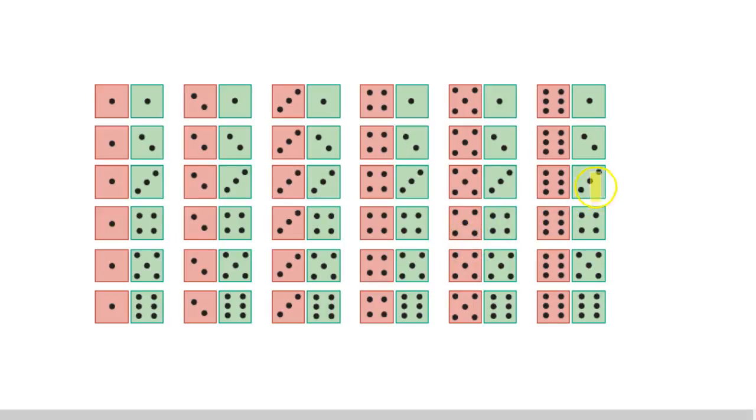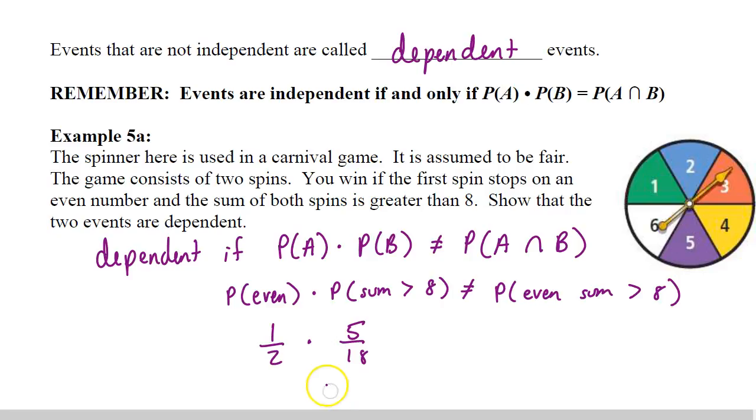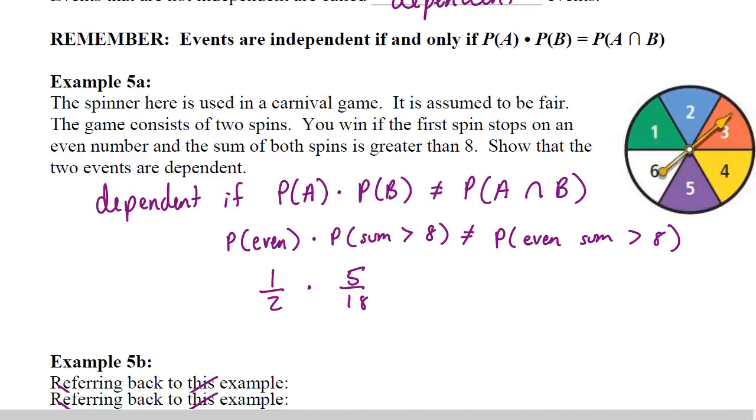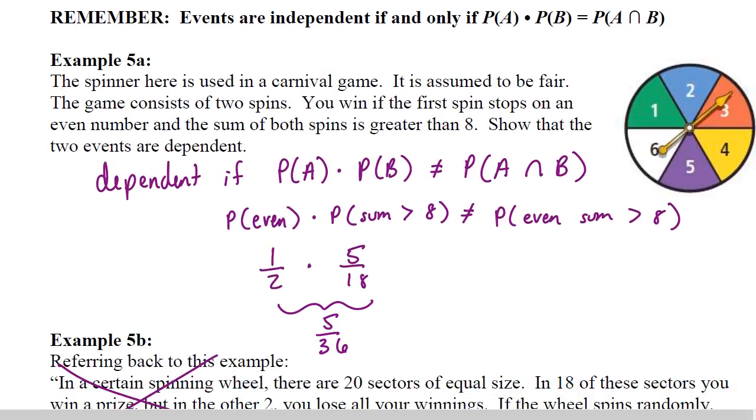And if you count those up, we have 1, 2, 3, 4, 5, 6, 7, 8, 9, 10 times out of 36. But 10 over 36 reduces to 5/18. So that's where we get that from. And if we multiply those together, we're going to get 5 over 36, and that doesn't reduce.